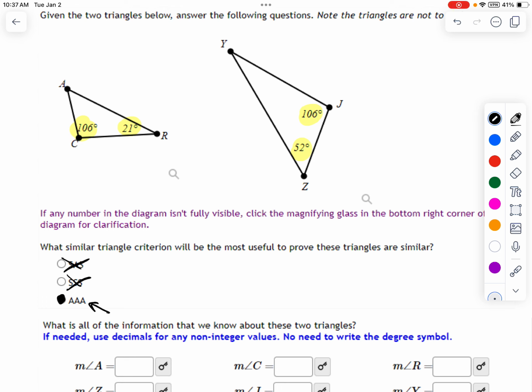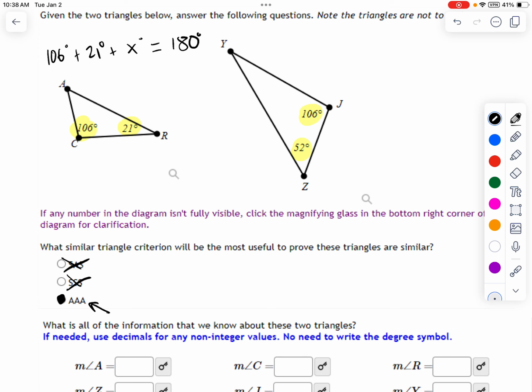More or less, it means that the sum of all of the angles of a triangle will always equal 180 degrees. That is a theorem that will always hold for triangles in Euclidean geometry, but that's a different story.